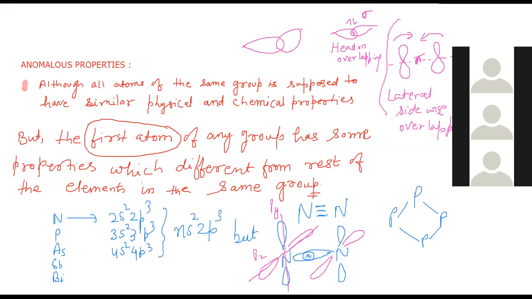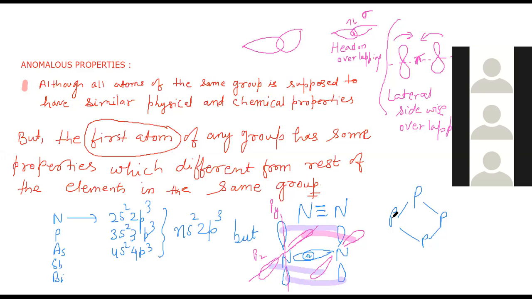This is one pi bond, py, and this is one pz. So in this way, nitrogen being a smaller atom, their p orbitals can come close to each other, and they can form p pi bonding.